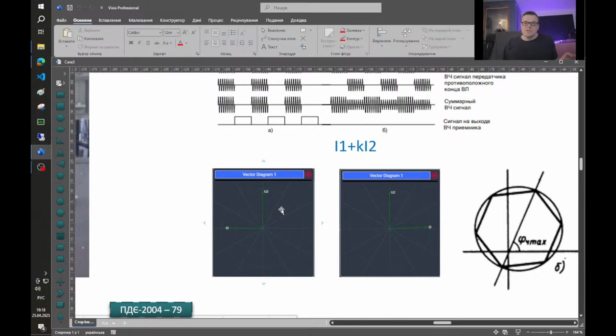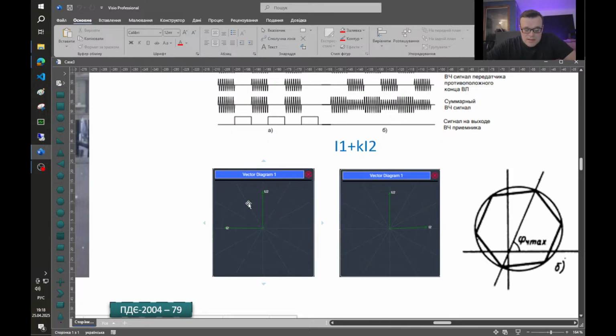One works for blocking direction during external short circuits, and one of the relays works for tripping when the short circuit is on the protected line.